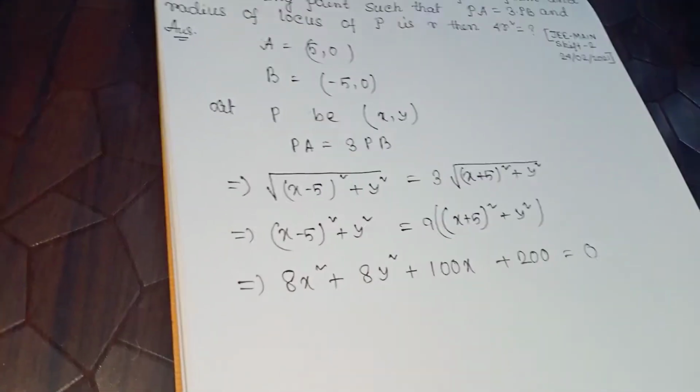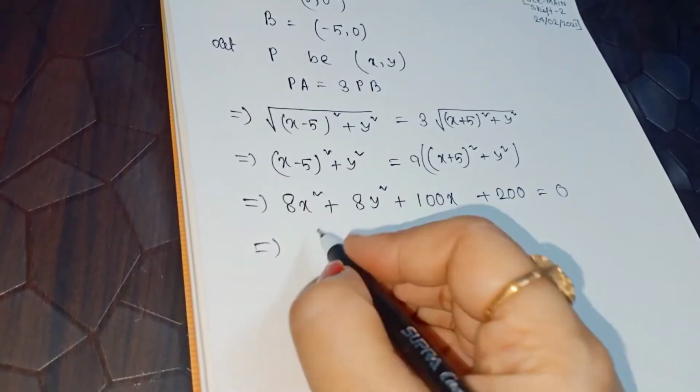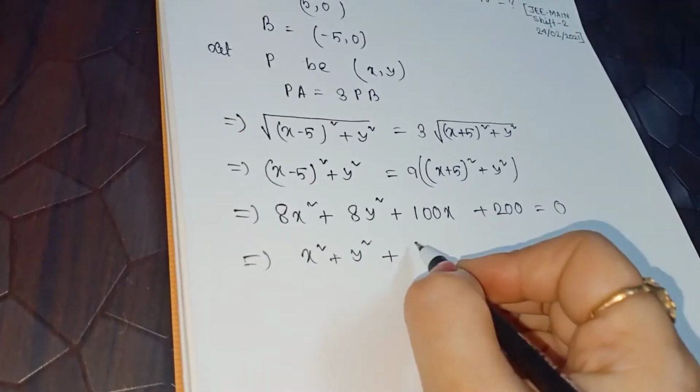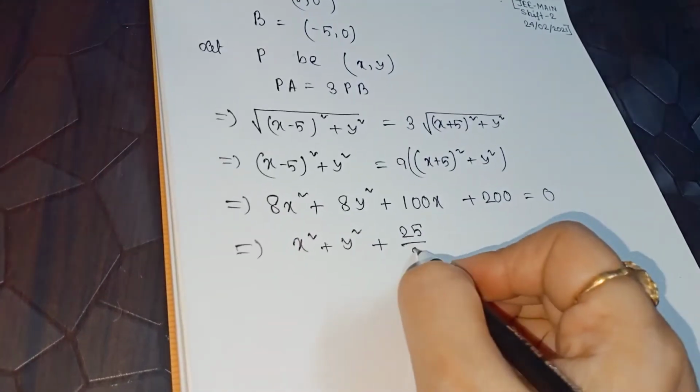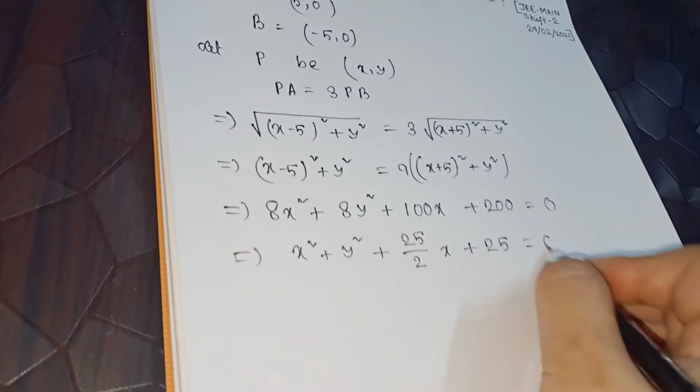So now dividing by 8, here we get x square plus y square plus 25 by 2 into x plus 25 is equal to 0.